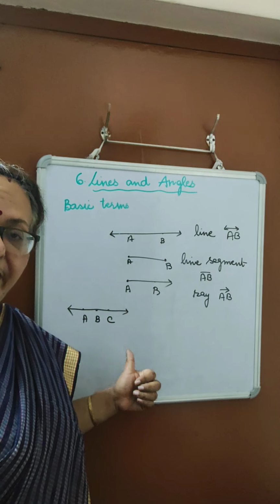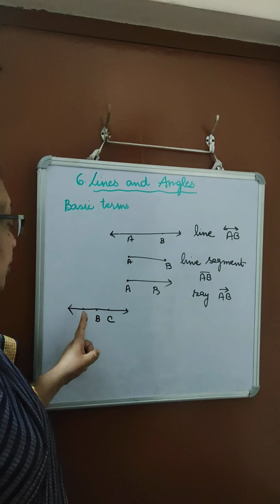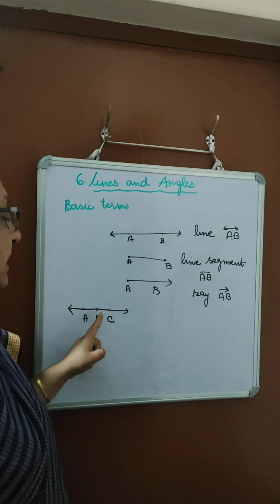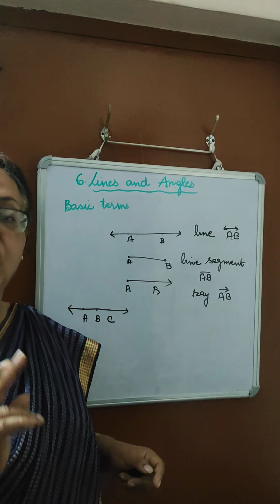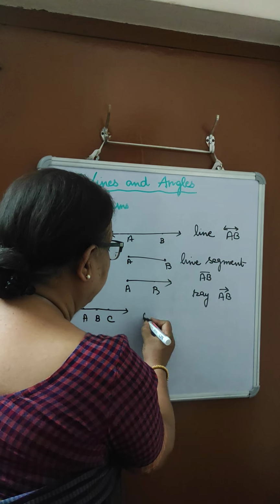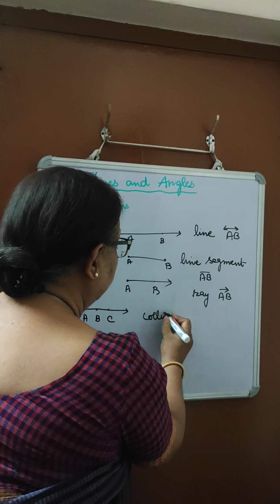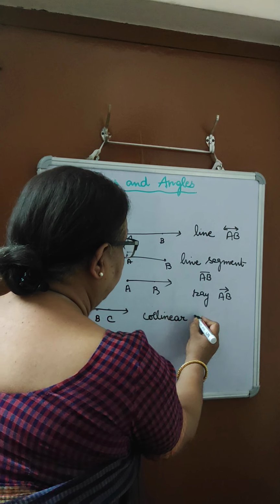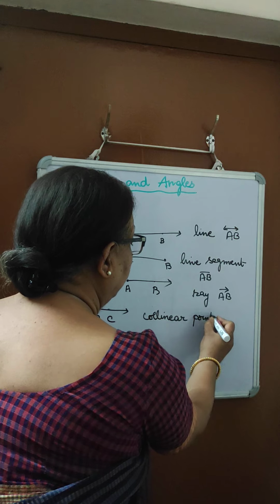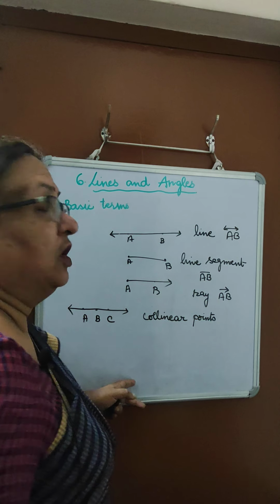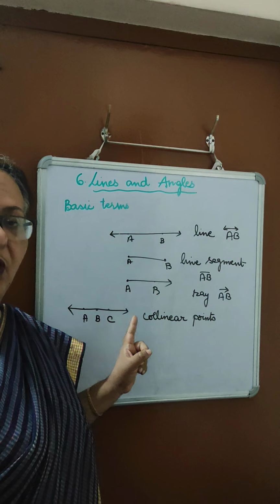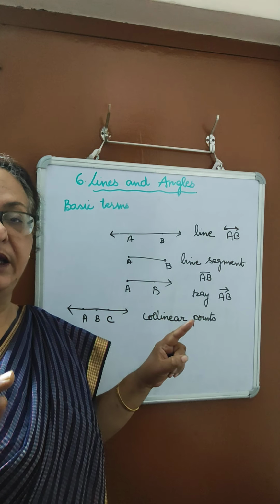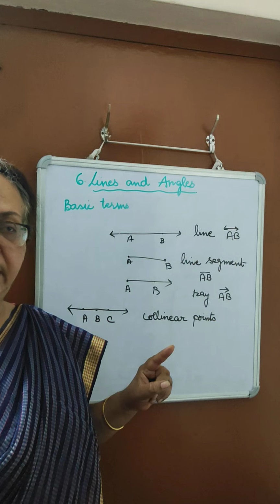So a straight line can be drawn through these 3 points A, B and C. So we call A, B and C collinear points. So what are collinear points? If 3 or more points are in a straight line, the points are collinear.